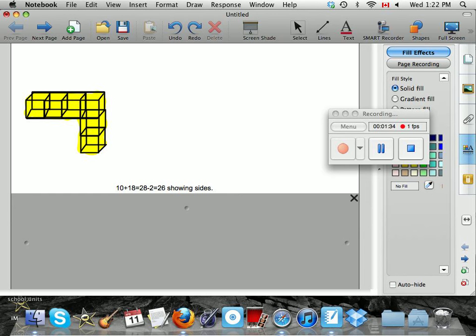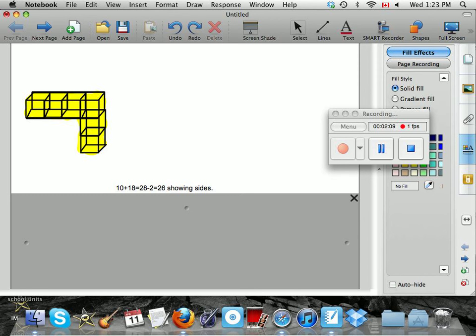So 2 times 4 equals 8, and 8 plus 2 equals 10. Sorry, I messed up. There you go. So that gives us 10 plus 18, 28.